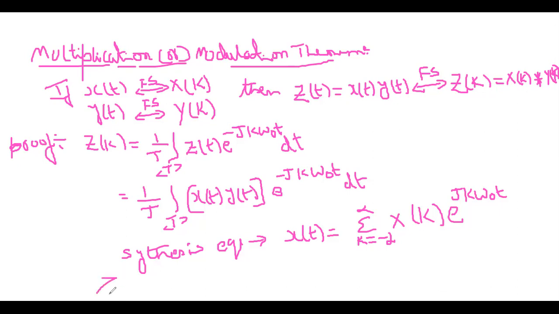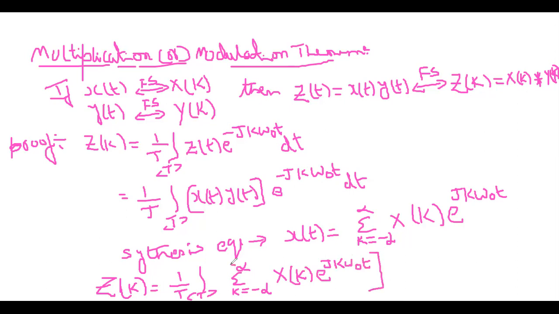So z of k is equal to, now the above equation becomes, z of k is equal to 1 by T the integral over T. Now I am taking here the x of t as the sum of k equal to minus infinity to infinity, x of k e power jk omega naught t. Let's take it as one function and replace only the x of t here.